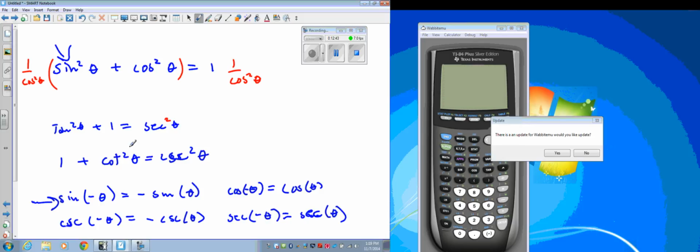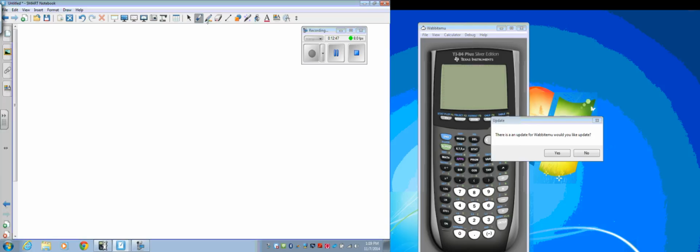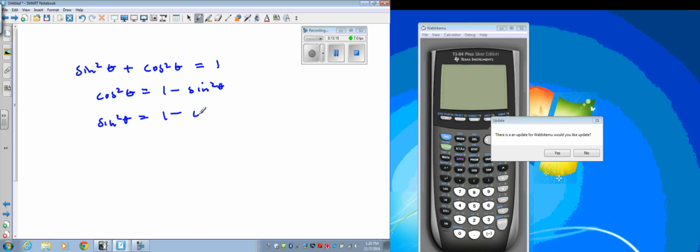And then they're going to get some other identities from this, and that's going to be on the top of the next page. They're going to say, since sine squared plus cosine squared equals 1, then you can do cosine squared equals 1 minus sine squared, or sine squared equals 1 minus cosine squared.